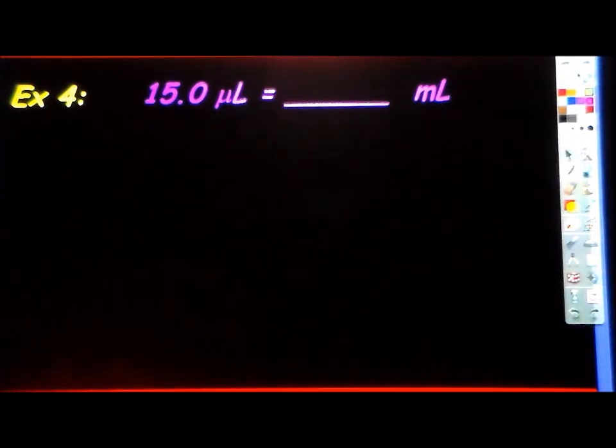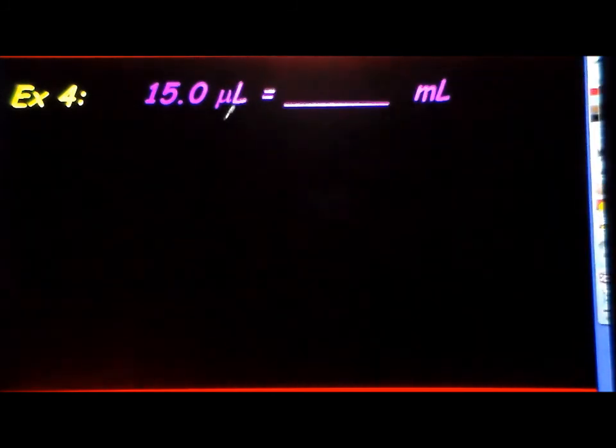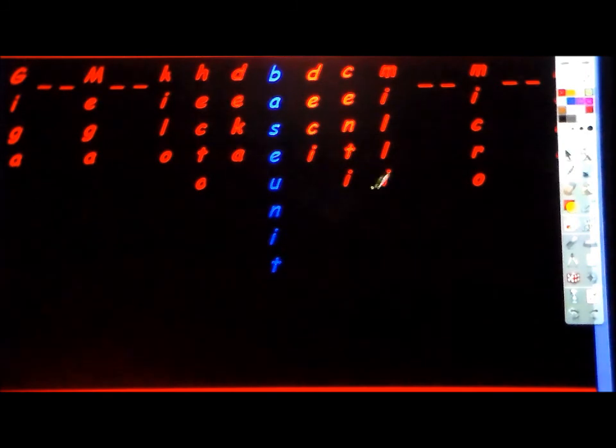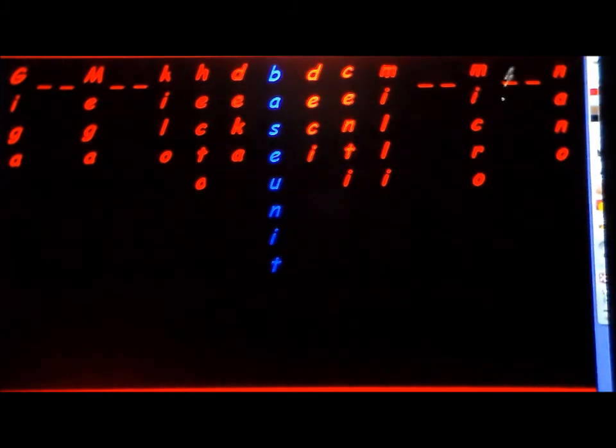For example 4, I have switched from meters and grams to liters, but it doesn't change how we do it. I'm using microliters, notice the funny symbol, and milliliters. So let's go back to the chart. I'm at milli and micro. So in this case, milliliter is the bigger unit. So in my conversion, that's the one that's going to get the 1.